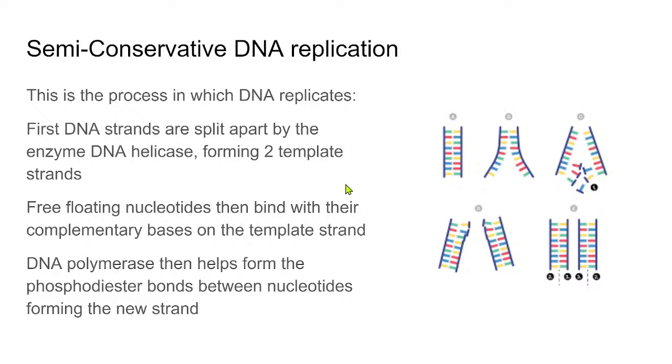So all of these ones here, they will then bind, and then something like DNA polymerase will catalyze the formation of the phosphodiester bond between your nucleotides, and that will then form your new strand. So, how do we know this?